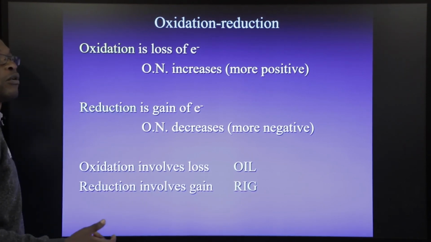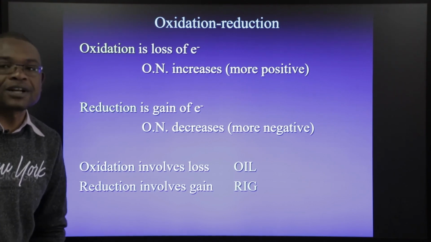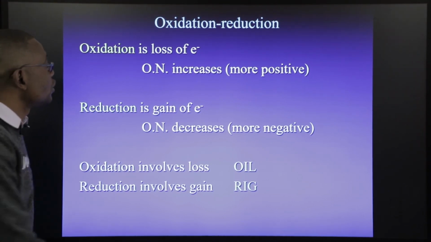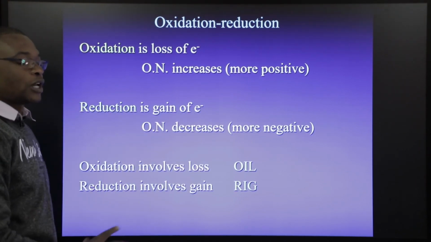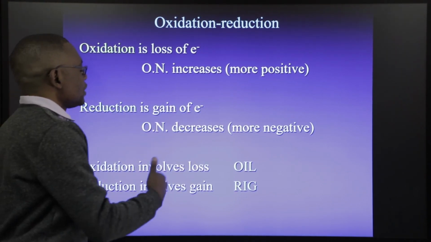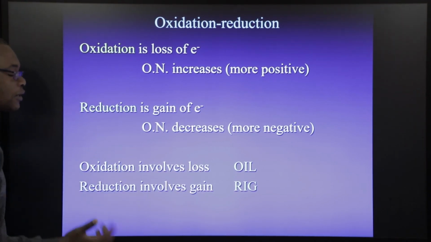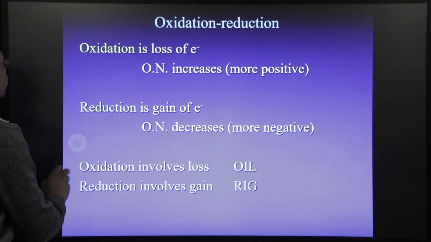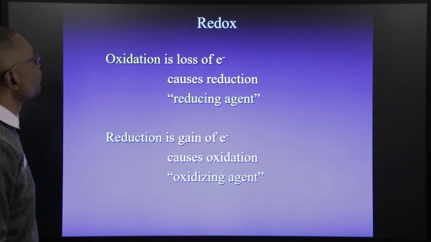From now onwards, you can come up with your own catchphrase for oxidation and reduction by saying OIL RIG: oxidation involves loss of electrons, while reduction involves gain of electrons. I think that's an interesting catchphrase to remember in an exam.